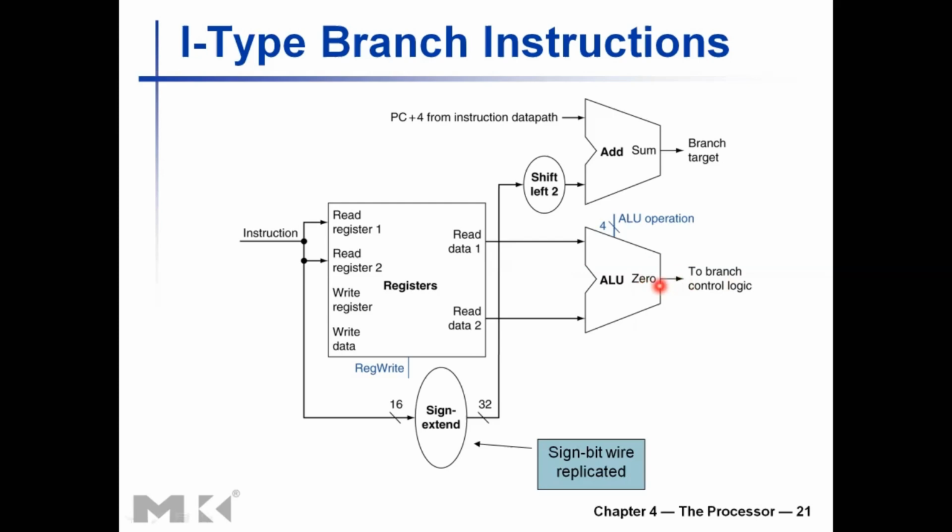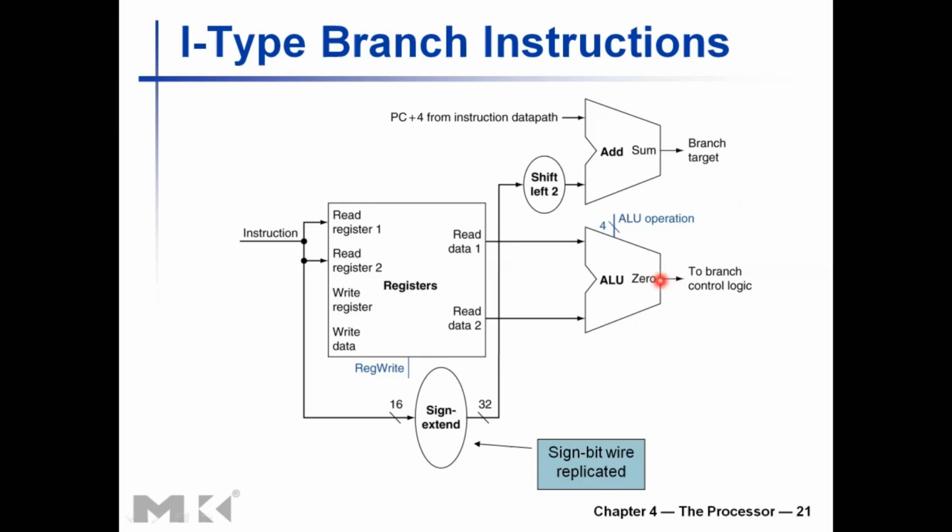We are not using a status register here, but instead we are using the 0 output, the same flag output coming from the ALU. So if the result is 0, that means the two values were equal. If the two values are equal, you either perform the branch or not perform the branch, depending on whether it is a branch if equal or branch if not equal instruction. So do the appropriate operation.